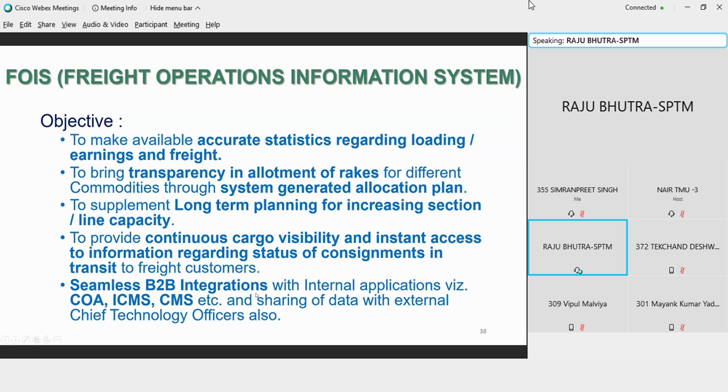Then seamless B2B integrations. B2B, as I told you earlier, is business to business integrations with internal applications, that is COA. COA is control office application. ICMS is integrated coaching management system, and CMS is crew management system. So all these applications can be integrated with the system, with sharing of data. Sharing of data can also be done.